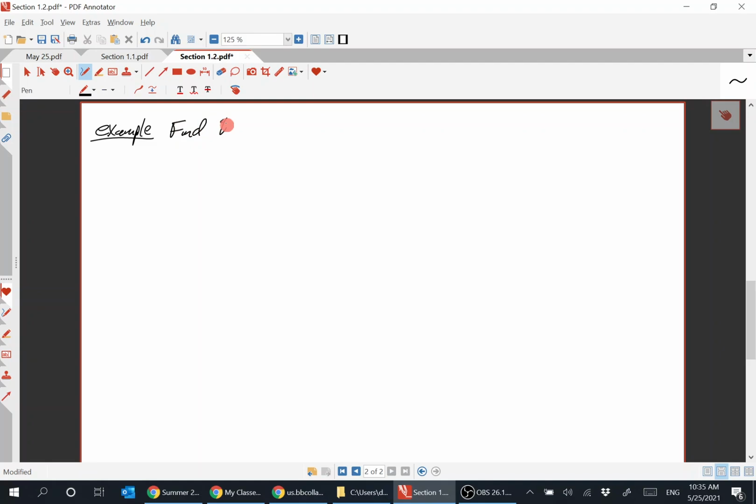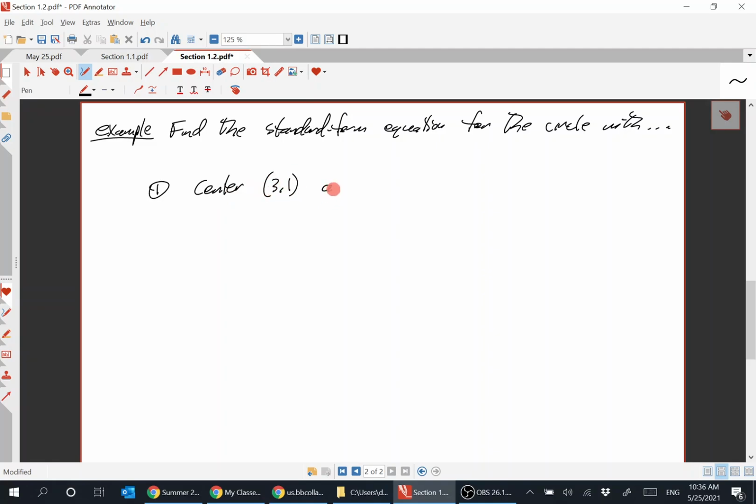Find the standard form equation for the circle with... So first example, center (3, 1) and radius 2.